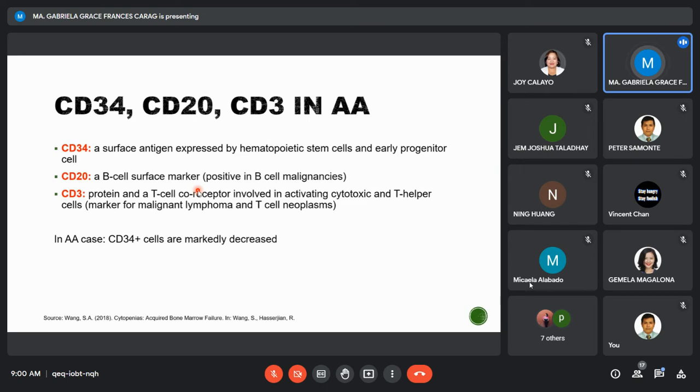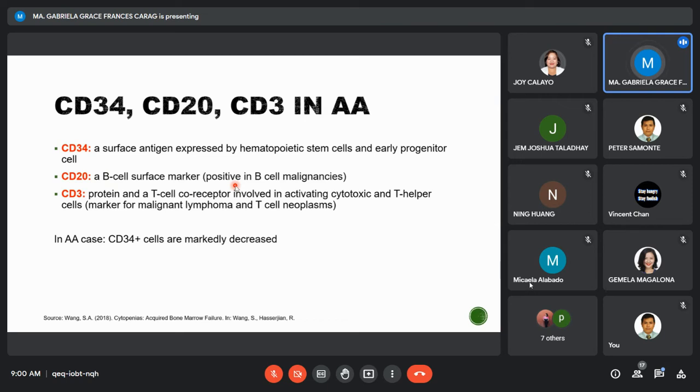So the significance of CD34, CD20, and CD3 in aplastic anemia. First po, CD34 is a surface antigen expressed by hematopoietic stem cells and early progenitor cells, while CD20 is used as a B cell surface marker.